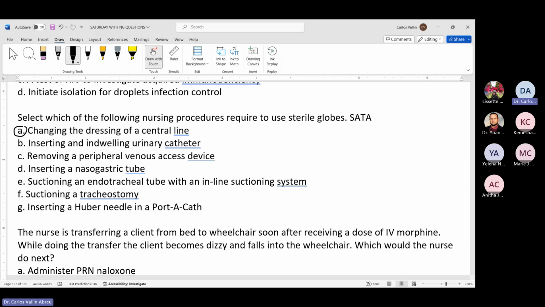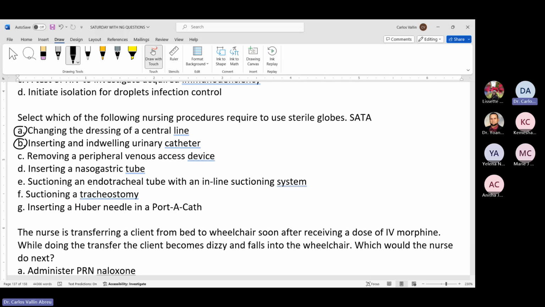But once you remove the old dressing, you need to remove your clean gloves and don sterile gloves to do the scrub and the placement of the new dressing. Inserting an indwelling urinary catheter, yes, this requires sterile gloves all the time.